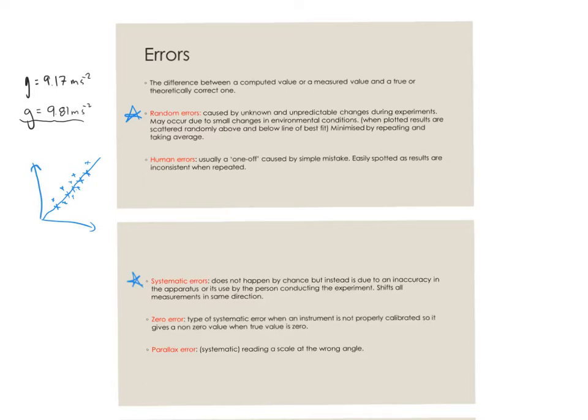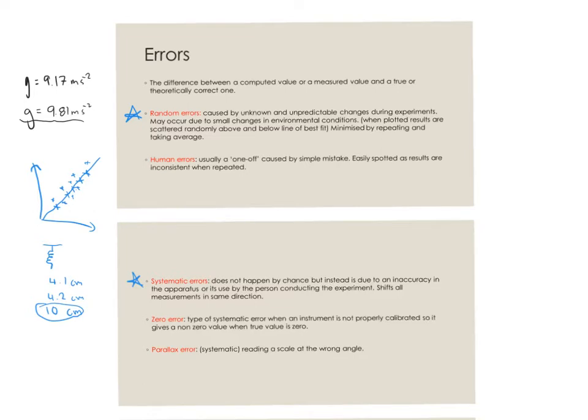Now that's a very different error. Random errors are different from human errors, which are usually a one-off mistake that can be very easily spotted. For example, if you were measuring the length of a spring and one of your measurements was 4.1 centimeters, another was 4.2 centimeters, and another was, for example, 10 centimeters, you'll think, okay, wait a minute, why is my length changing so extremely?